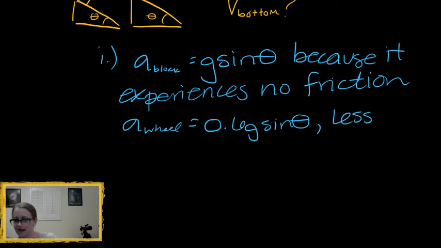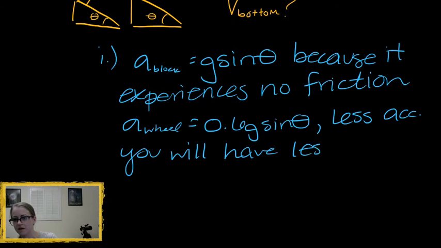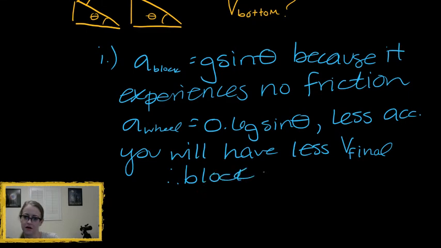So if you have less acceleration, can I rewrite that? You will have less final velocity. Therefore, block wins. And this is one of those kind of one-point statements, so don't write a whole paragraph.